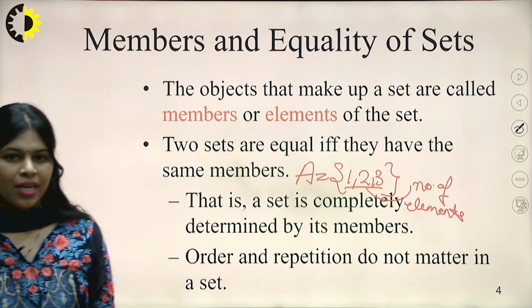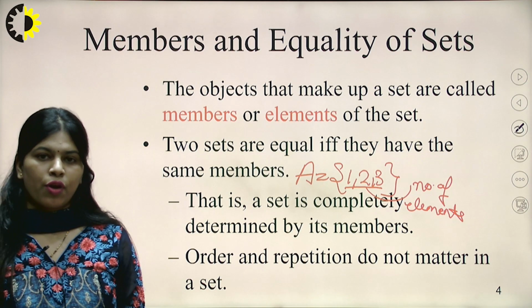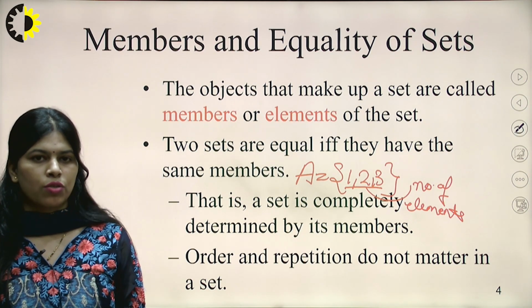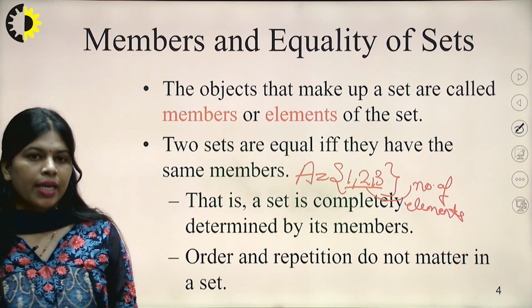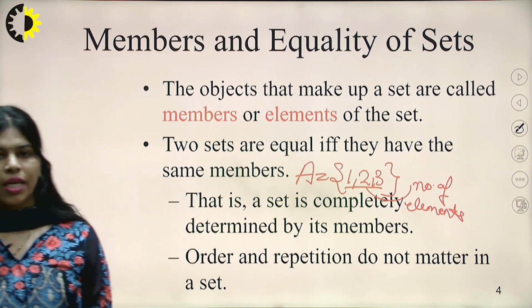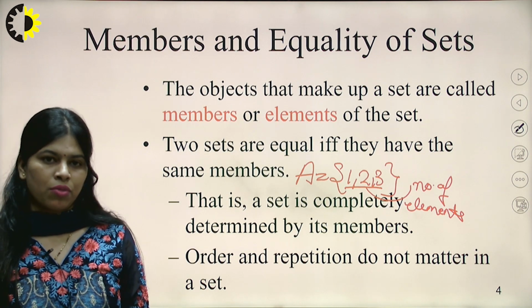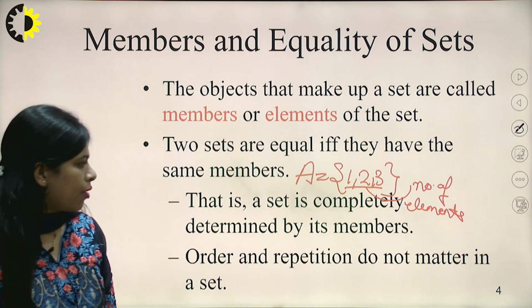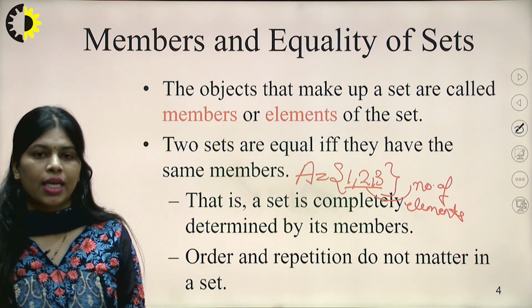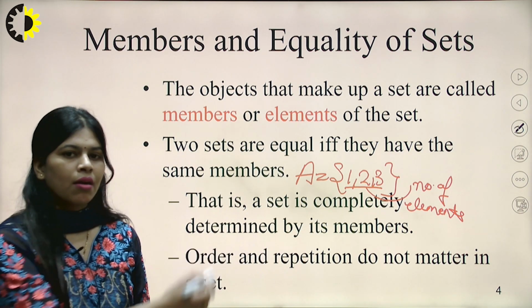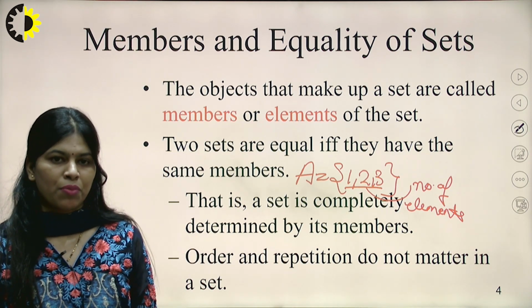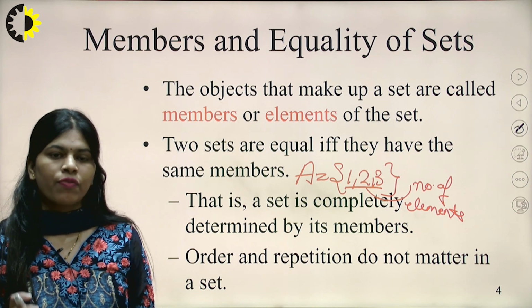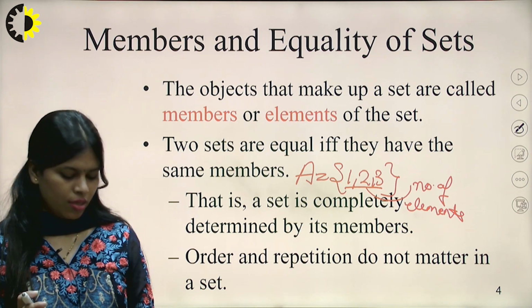We can represent a set A with the elements in curly braces like 1, 2, 3. The second point is that two sets are equal if they have the same members, that is, a set is completely determined by its members. Means the elements should belong to that particular set.